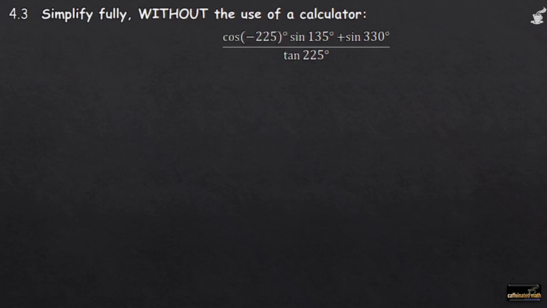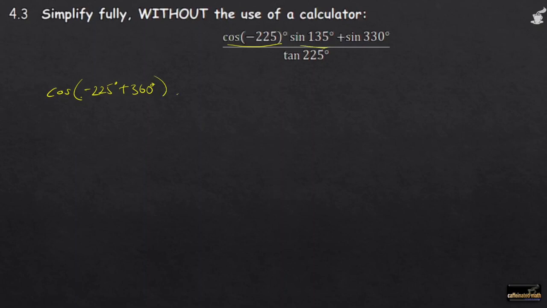Right, 4.3, simplify fully without the use of a calculator. Let's get going on that one. So we'll have cosine of, how do we treat this? Well, we'll have minus 225 degrees. We can add a rotation if we so choose, because it just ends up back in the same place.